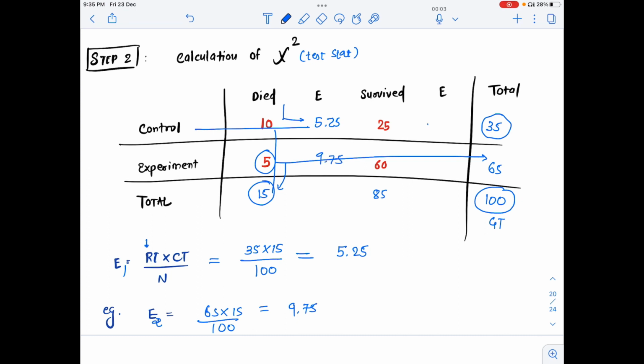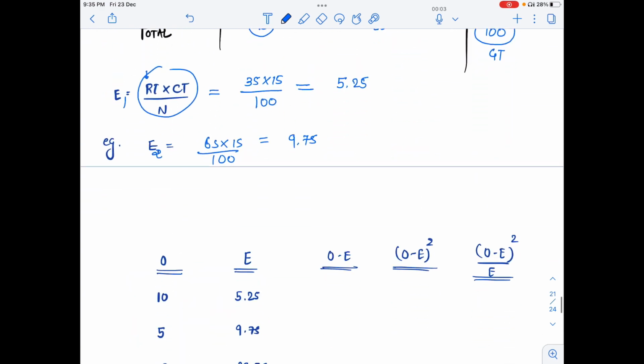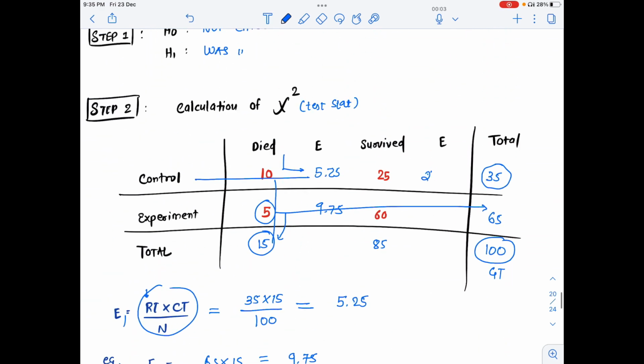Now you can either use this formula for this one, or there is another method, which is that you can subtract this value from this value. So it will be around 29.75, and the same way this value will be 55.25.